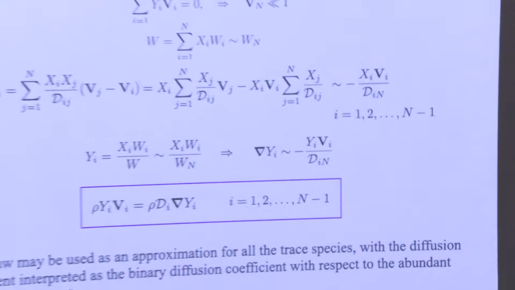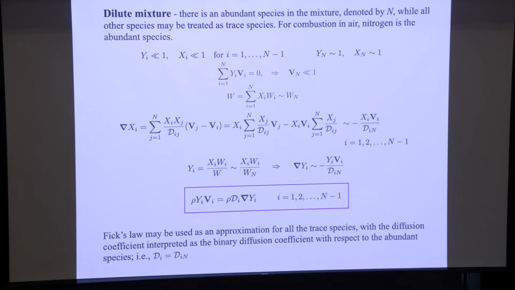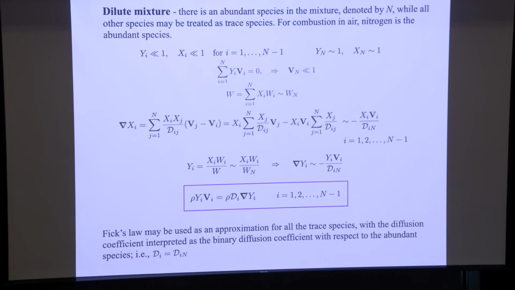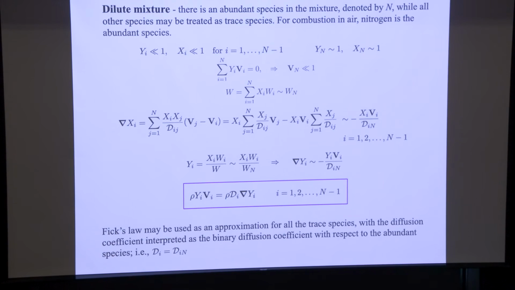So for example, the dilute mixture means that the combustible species of interest are usually in small amount relative to some bulk. So very often, when combustion is in air, nitrogen is the bulk, and so you can assume that the other species are small quantities. What does it imply?